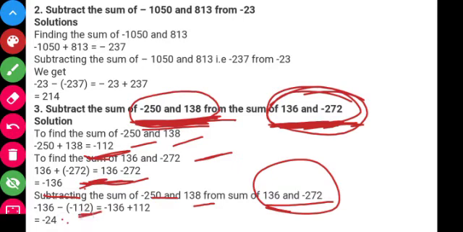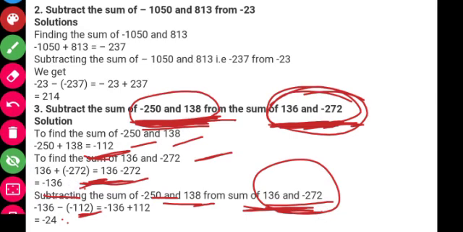Subtracting the sum of this from this, from this means from minus 136. Okay, so minus 136 plus 112. This will be minus 24. Okay. Now come to the next question.